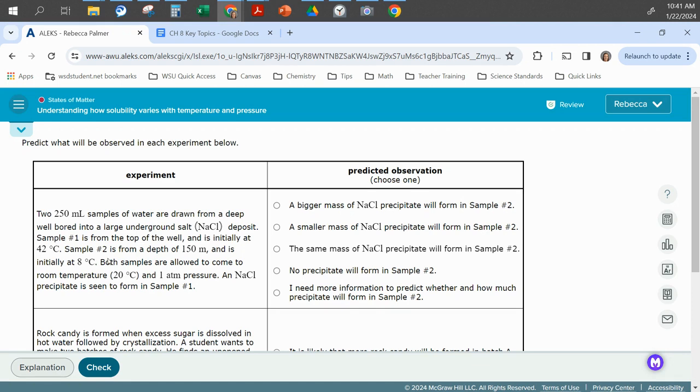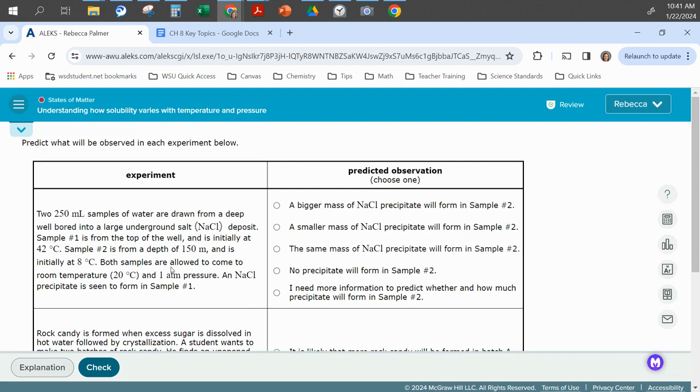So initially you pull them out and they're clear. Okay, this one's tricky. One of the samples drops in temperature. One goes from 42 to 20. The other one goes from 8 to 20. So it's increasing in temperature. So the second sample is actually going to become more soluble because it increased in temperature.